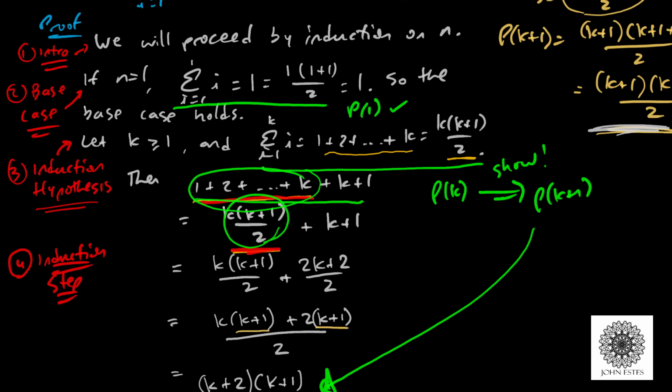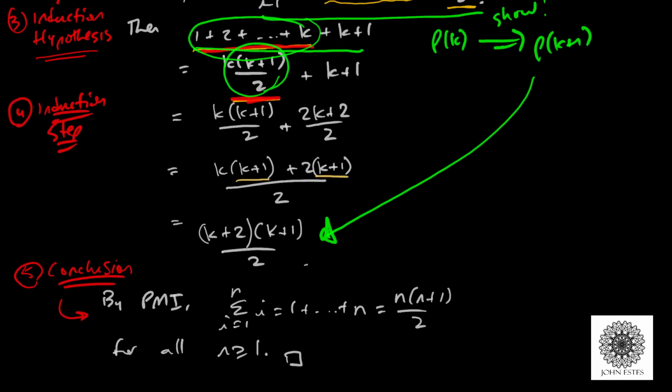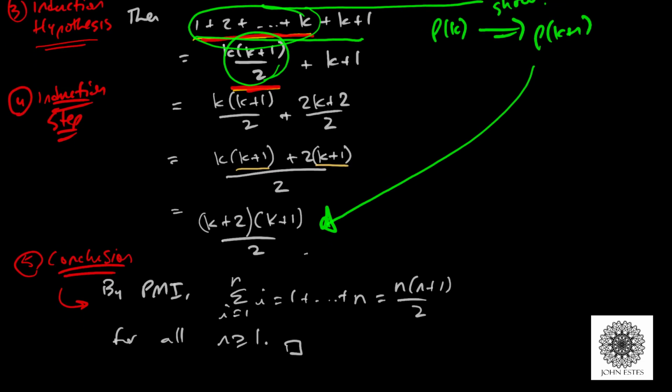That's the induction hypothesis, is assuming that the kth domino fell down. The induction step is showing that the kth domino knocked down the k plus 1th. And then finally we have a conclusion. We say by PMI, our formula holds for all n greater than or equal to 1.